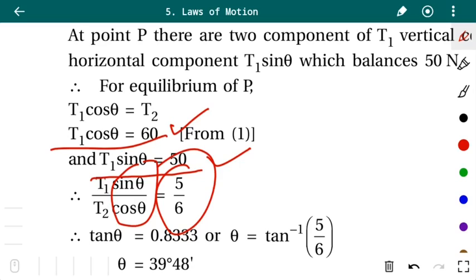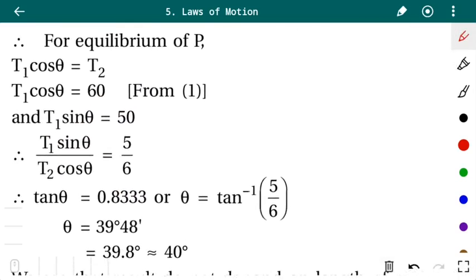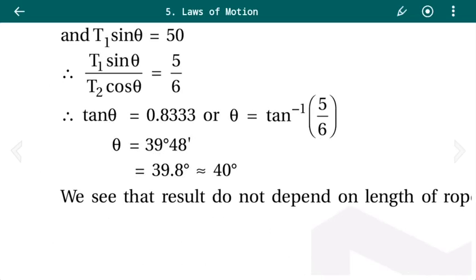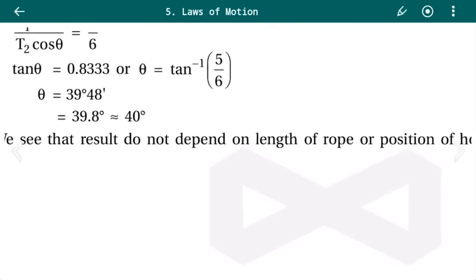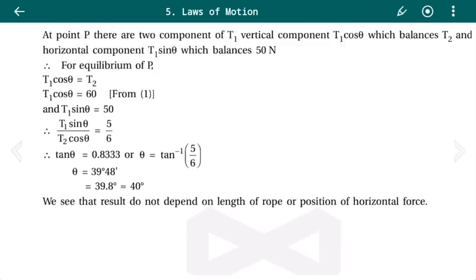Here the tension T1 is the same, so cancelling it out we get tan theta equals to 0.8333. So theta will be 39 degree 48 minute, or when you round it off, we can also write it as 40 degree. Here we see that the result does not depend on the length of the rope or the position of the horizontal force.